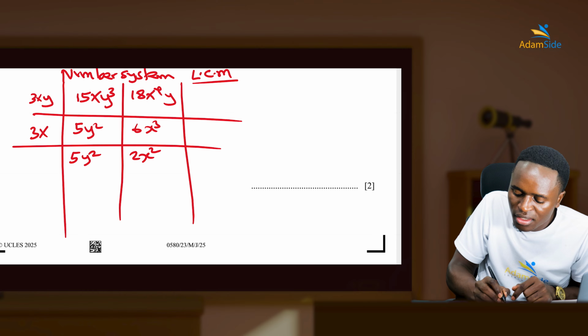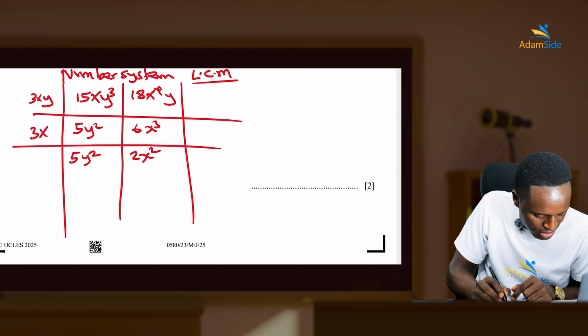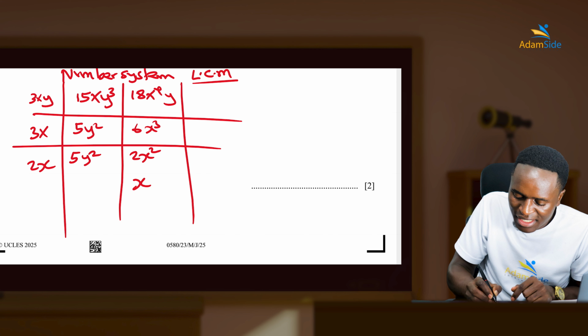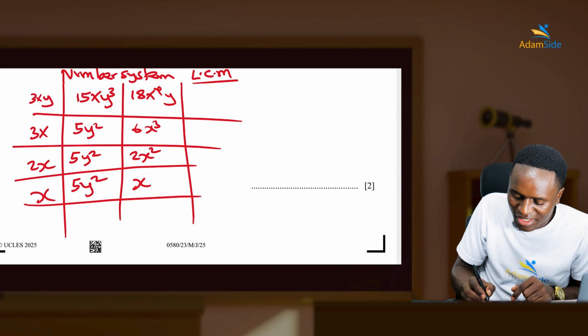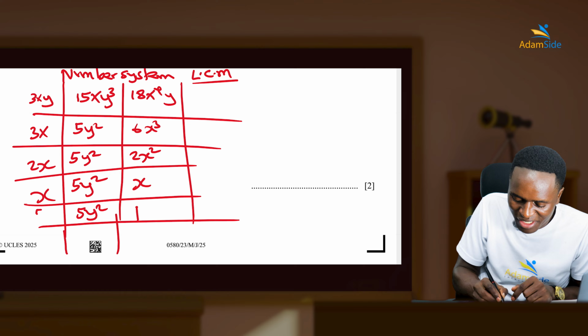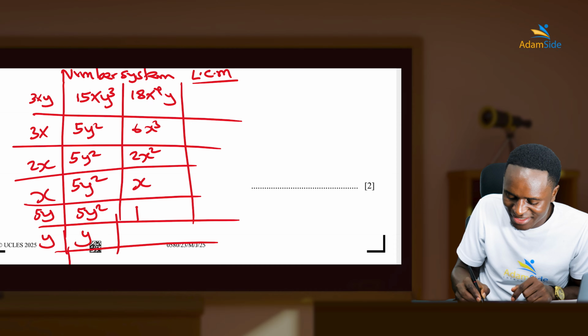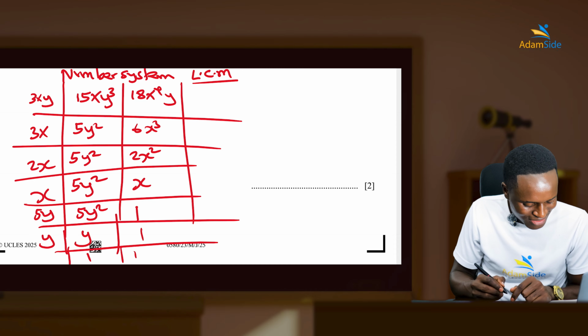Then I can do it with 2x. If I divide by 2x, I'll get x and then 5y squared. If I divide again by x, I'll get 1 and 5y squared. Then divide again by 5y, I'll get y. And then y, I'll get 1, 1. That's good.